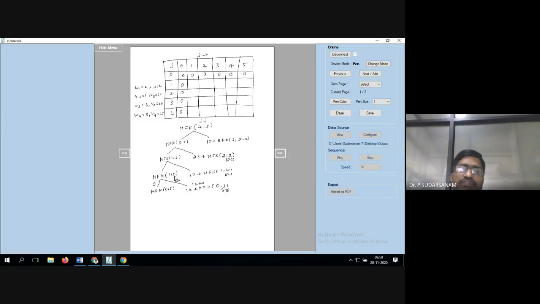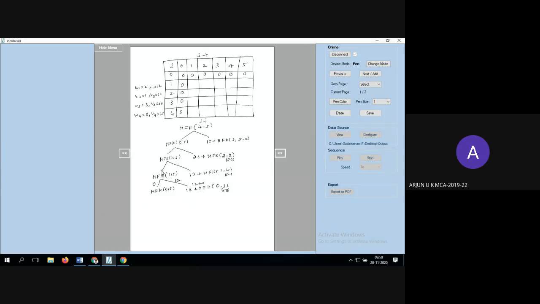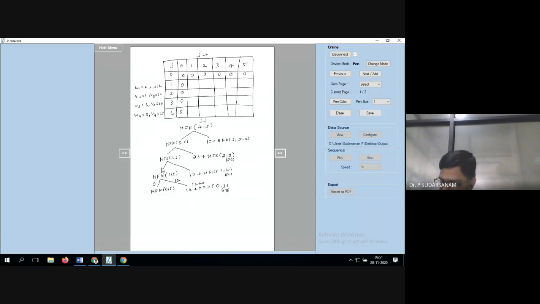MFK of 1 comma 5, you have called recursively this and this. So maximum of 0 comma 12. The maximum is 12, sir. 12, that's what you write here. So 1 comma 5 is 12.